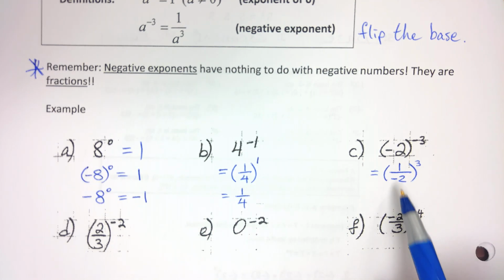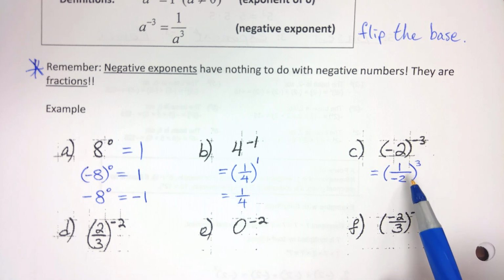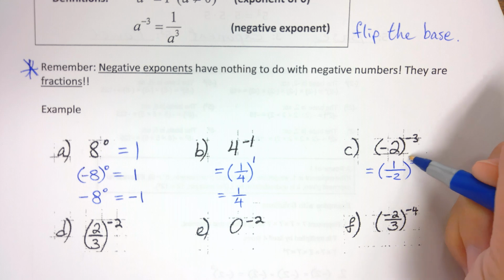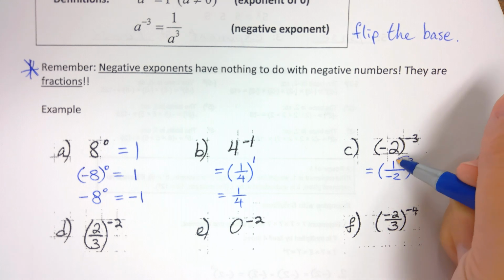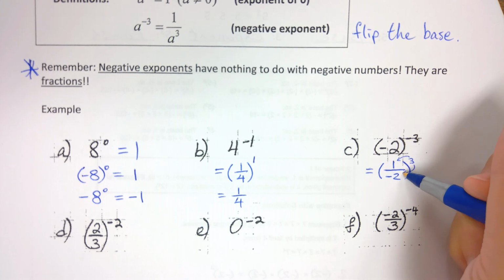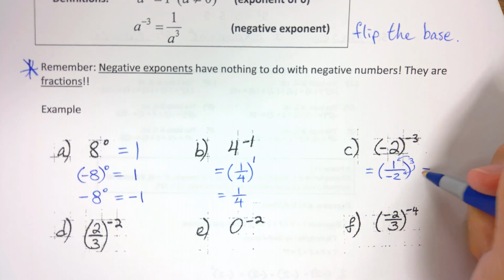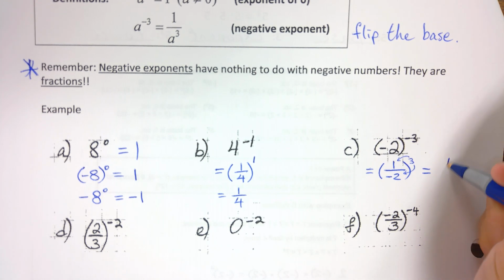Okay. Are we okay with this step? So this is not my final answer. I still have to apply the exponent. When I apply the exponent, I have to apply it to my numerator and to my denominator. So 1 times 1 times 1, that's 1.